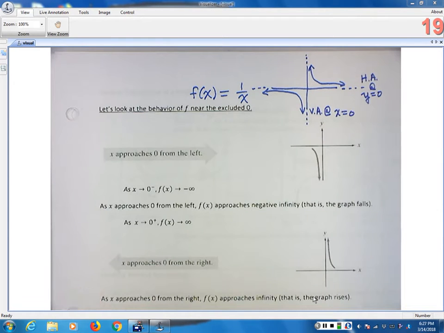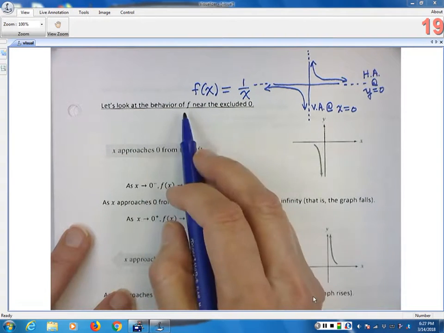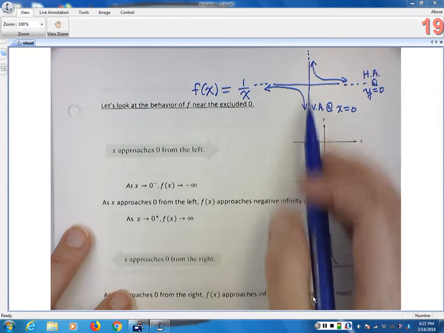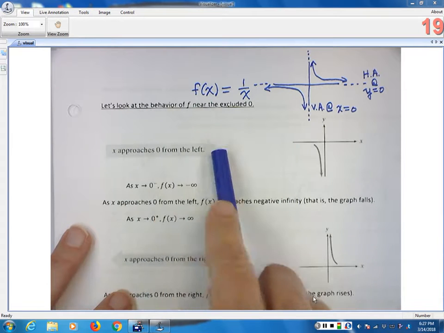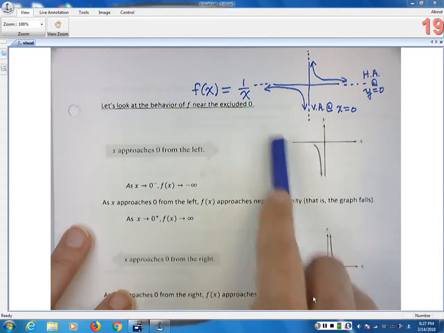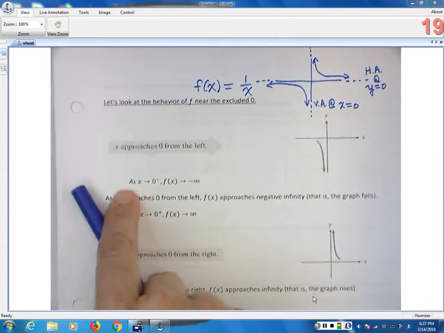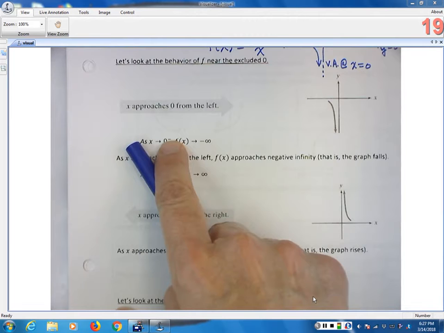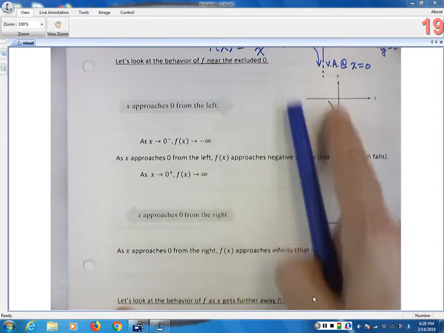But anyway, if you look at these, this is some notation. We're going to look at the behavior of the function f near the excluded 0. As x approaches 0 from the left, going here, and this is how you write it. x arrow 0 to the negative. That means from the left. f of x is going to what? Negative infinity.